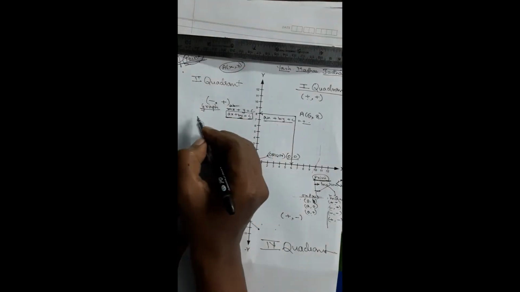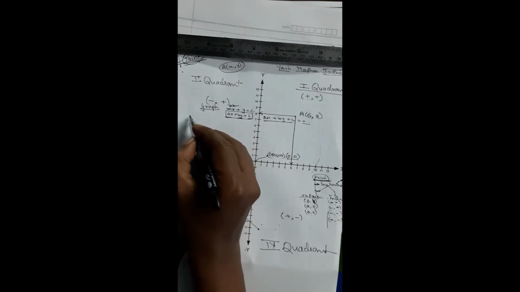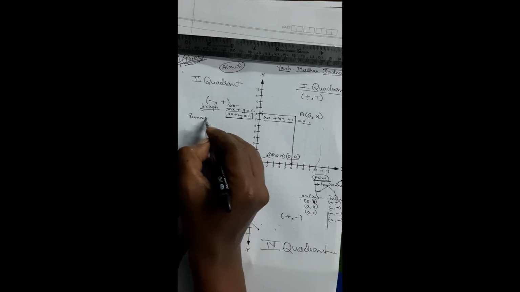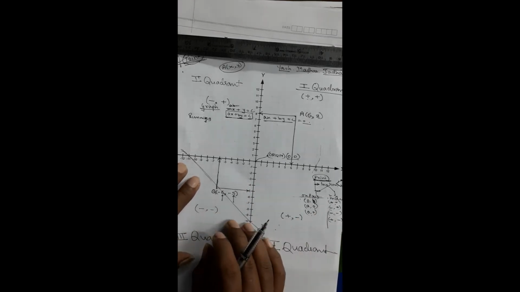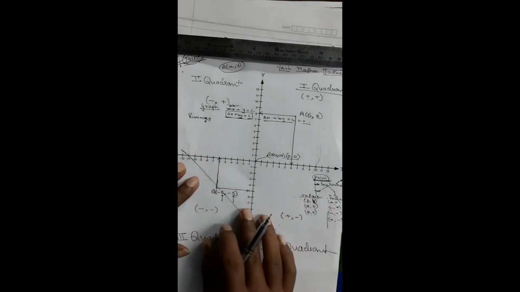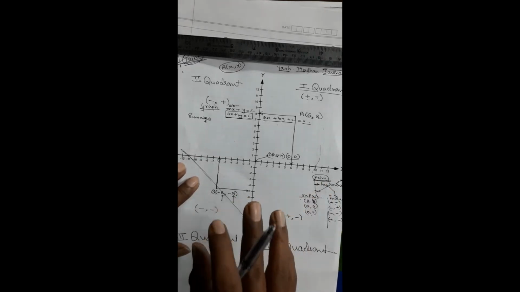But it will have different fashions of running, meaning the way it is traveling. There will be broadly two different ways that the line will be running. Otherwise, in total there will be three different ways the line will be running.